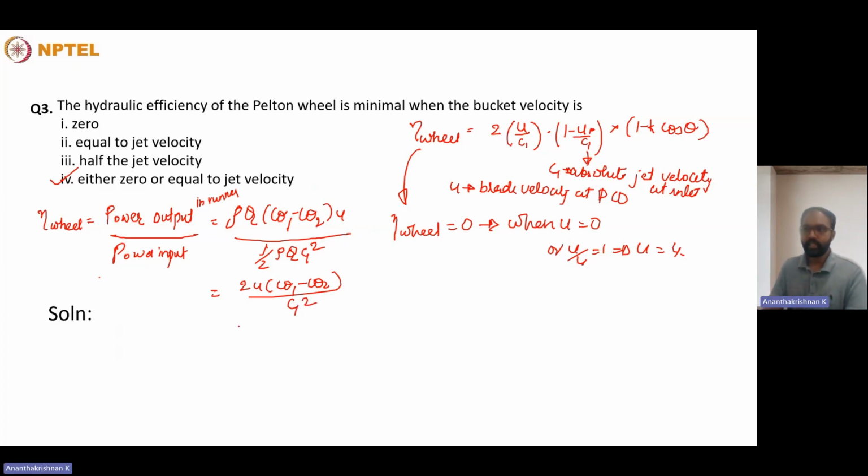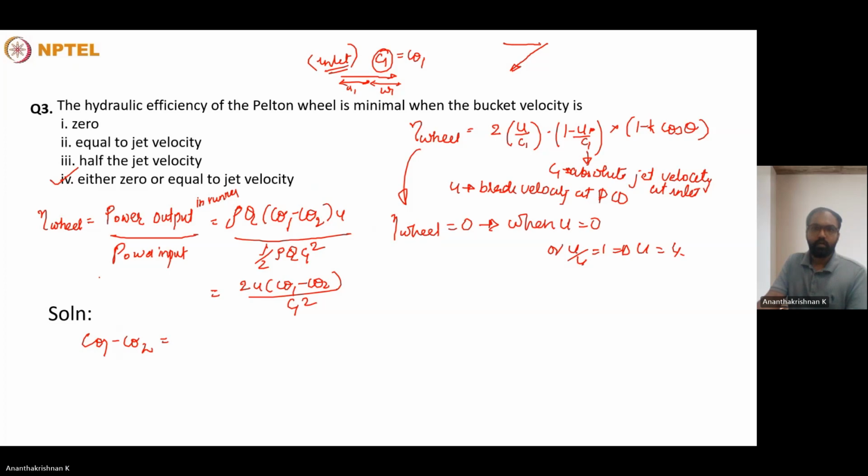The change in the tangential velocity, C theta 1 minus C theta 2 at the inlet and exit: at the inlet, the velocity triangle will not be there, it will be a line. If this is C1, this is U1, then this will be equal to the relative velocity at the inlet. In this particular case, there is no radial component at the inlet. Therefore, C1 is equal to C theta 1.